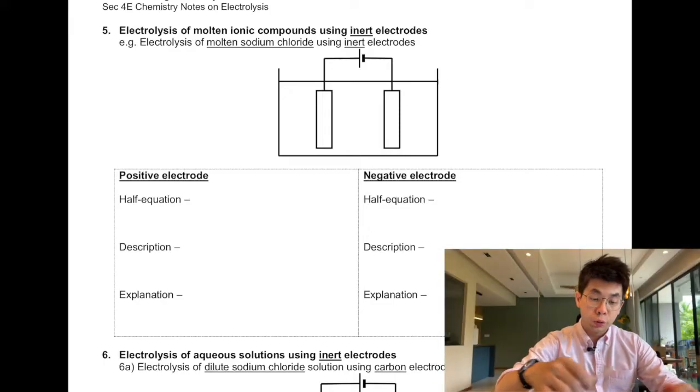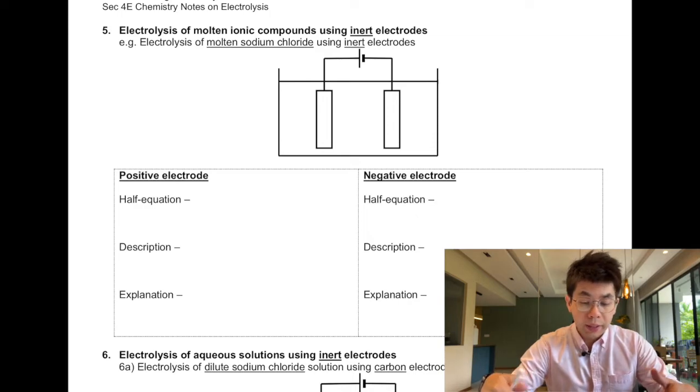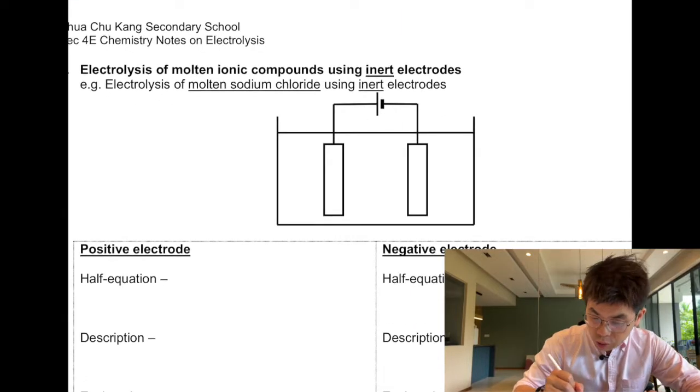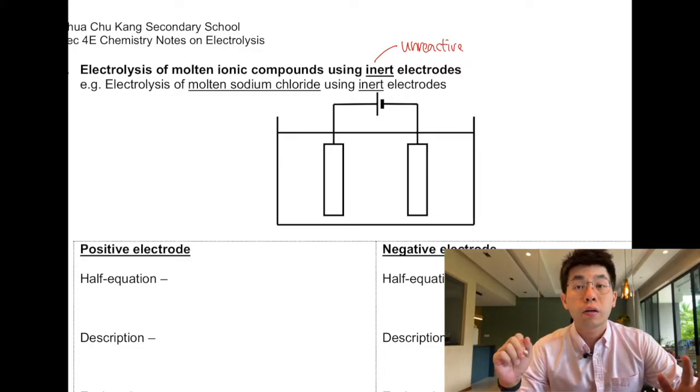Hello everyone, so I'm going to bring you through the first example of electrolysis, and this electrolysis is of a molten ionic compound, molten meaning liquid, right, with inert electrodes. And when it's inert electrodes, we need to remind ourselves that this means that it is unreactive. It will not react with the reaction.